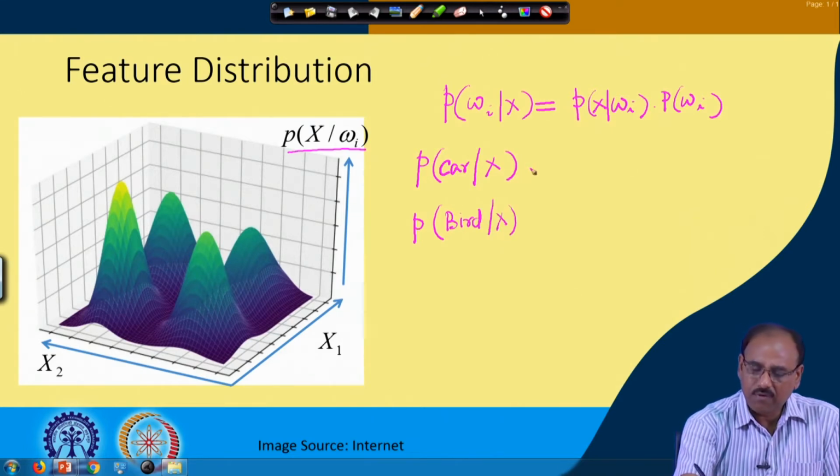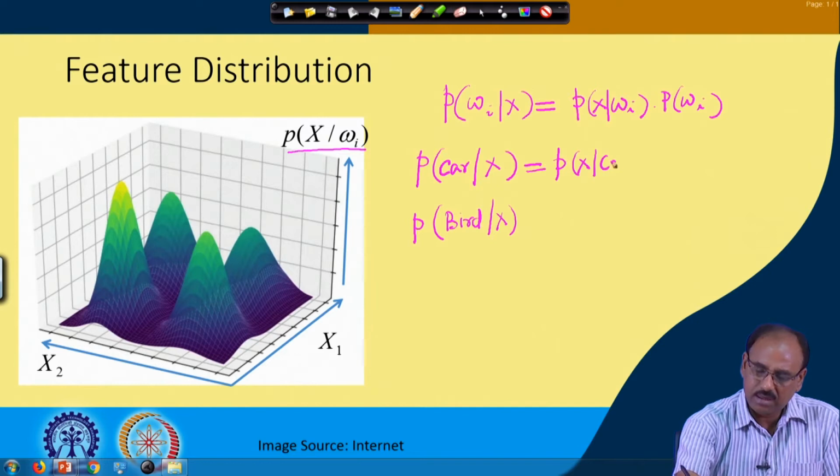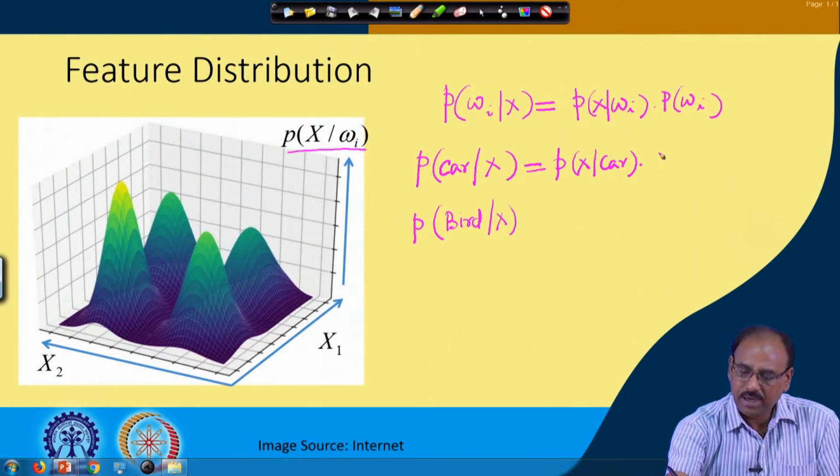And this P of car given x is nothing but P of x given car, which we have already computed through experiments, that is our class conditional probability density, multiplied by the a priori probability P of car.